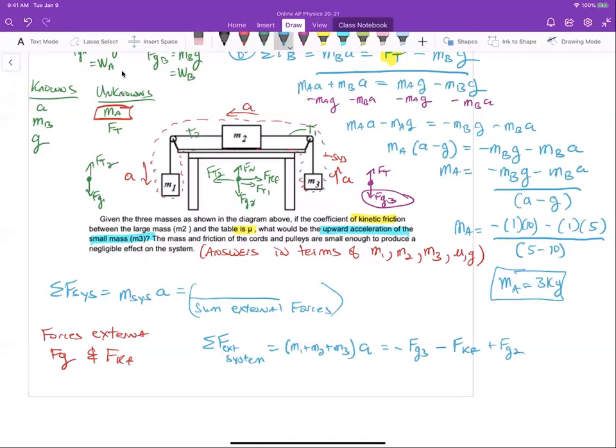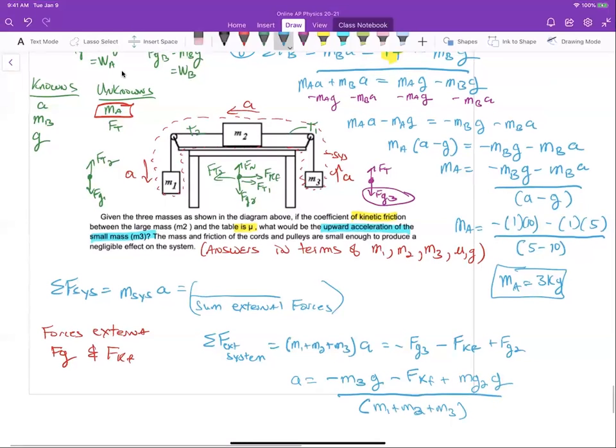So acceleration is equal to, I'm just going to plug in correct symbols now, m3g minus force of kinetic friction plus m1g divided by the mass of the system. Now, one last thing. We can't leave it in terms of force of kinetic friction.